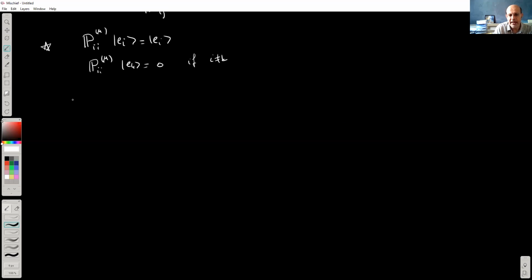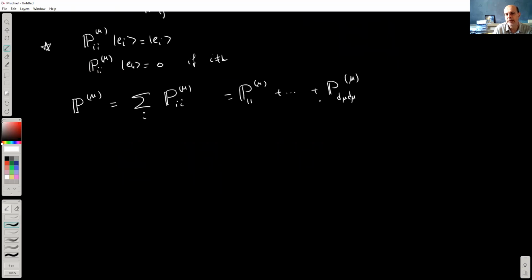In any case, I just defined some operator that I'm going to call P_mu. It's a sum over P_ii. So as a result, this is like P_11 mu plus up to P_d_mu d_mu.